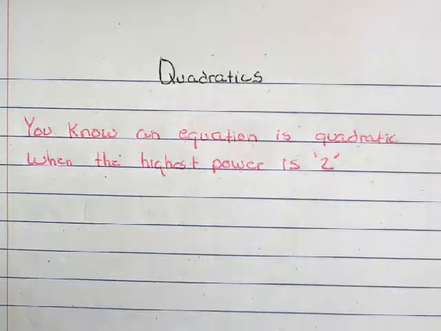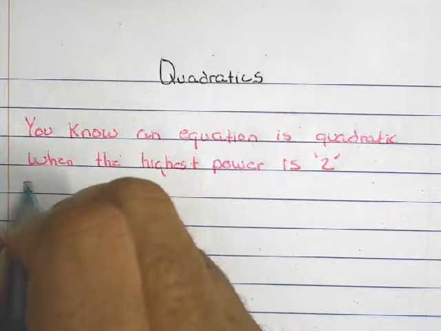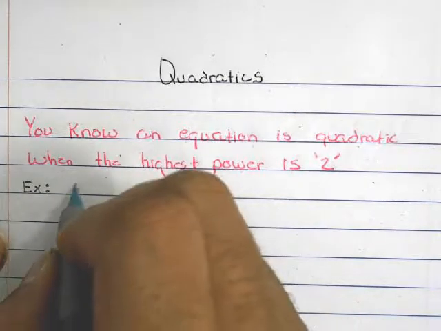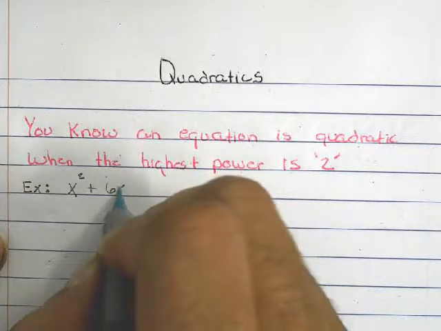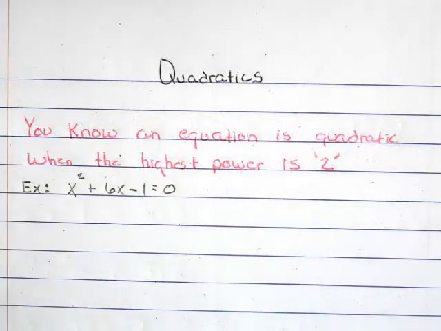For example, let's look at this example. X squared plus 6x minus 1 is equal to 0.